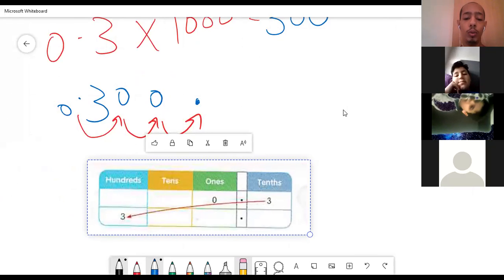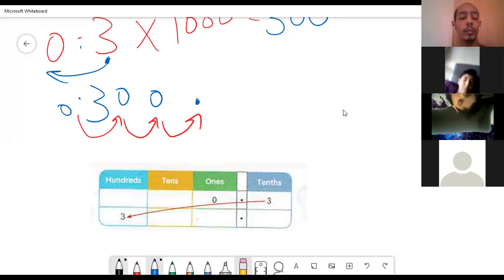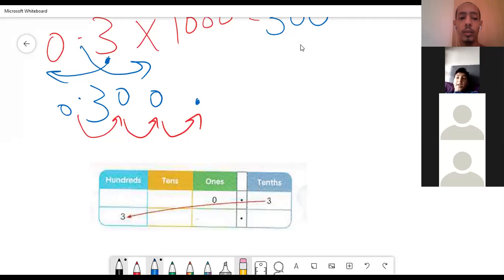When you move the decimal point 3 places to the right, this is the same as moving the number 3 places to the left. So it's going to be 300, right?